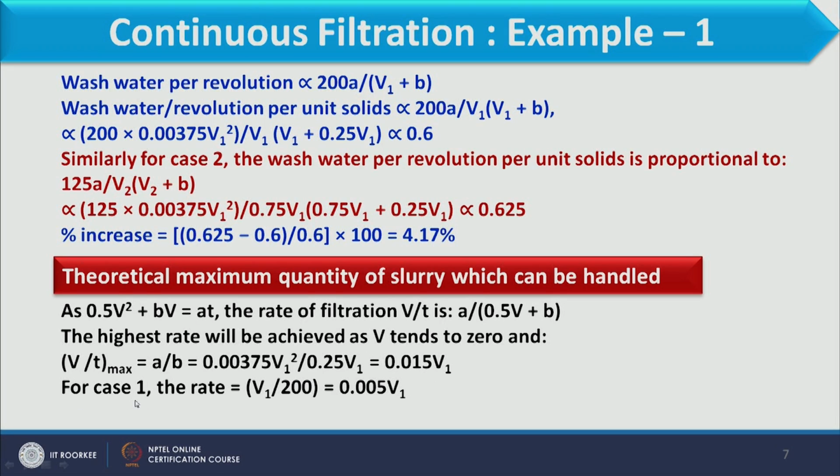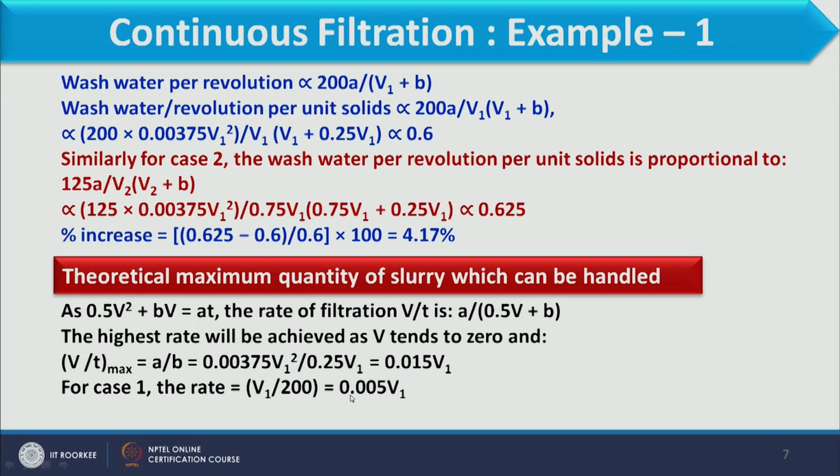On the other hand, for case 1, the rate should be V1 by 200, and this we have derived, we have seen in the last slide. Its value comes as 0.005 V1. So when we compare these two, this is the present rate of filtration and this is the highest rate of filtration.